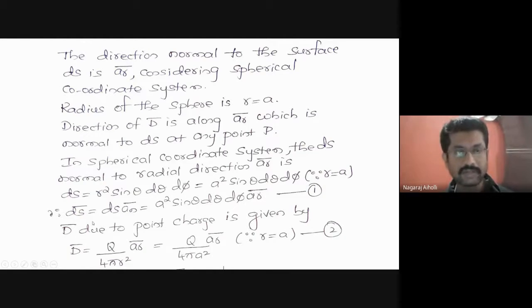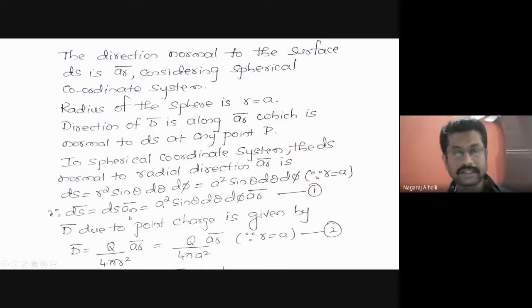Therefore ds bar is equal to ds into an bar, because whenever we write any vector, we should also consider the direction. Therefore ds bar is equal to ds into an bar. This ds is the magnitude, and an bar is the unit vector indicating the direction.